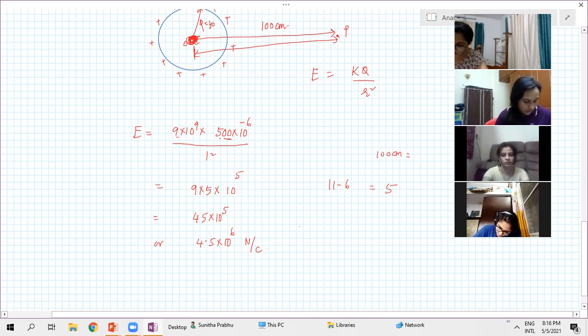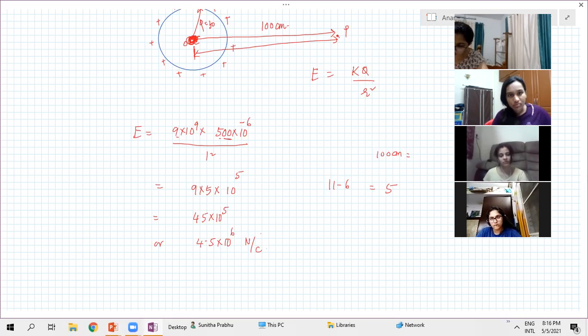So this is the first part. Shreya, are we good with this? Yes, sir. We are always converting R into meters because we are dealing with SI units. Point number one. Point number two, R has to be center to center irrespective of the dimension of the sphere.